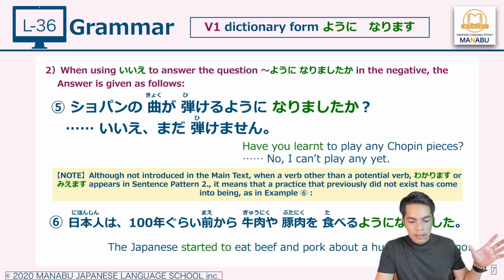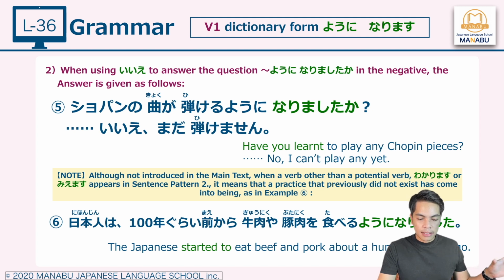This is asking, have you learned or are you able to play the Chopin pieces, Chopin no kyoku? He answered, iie, mada hikemasen. So mada means not yet, hikemasen, a negative potential form of the verb hikimasu, to play. Hikemasen, I cannot play yet.